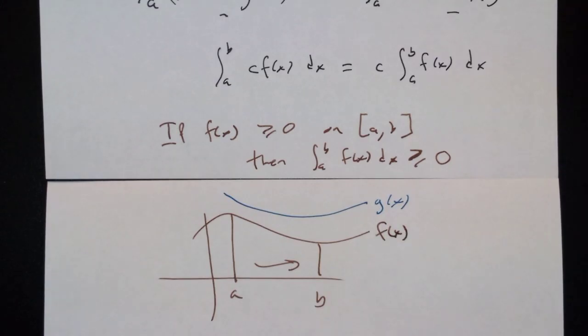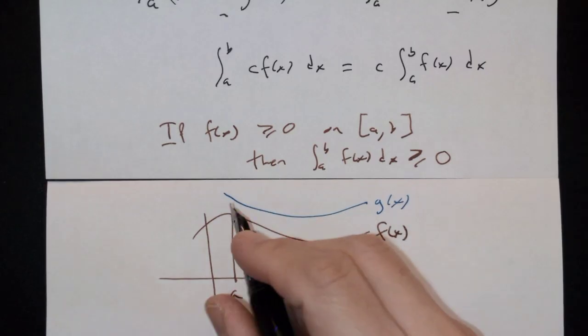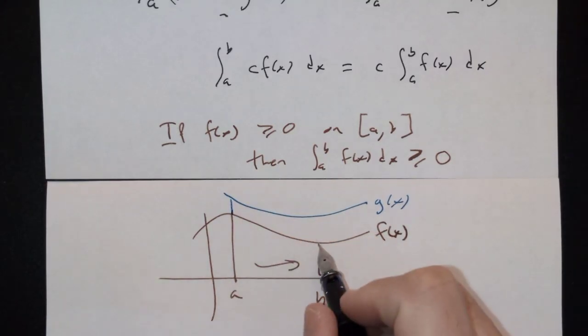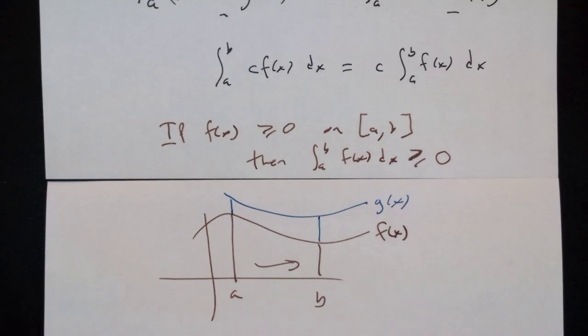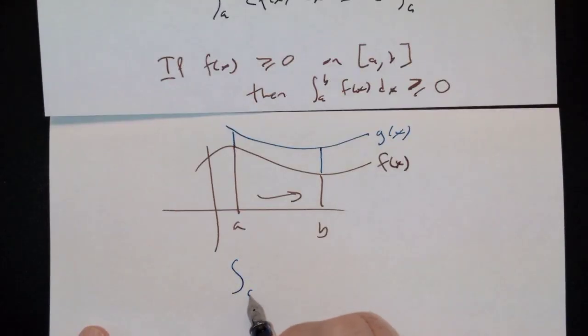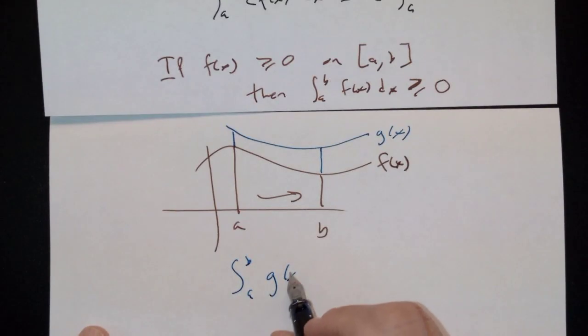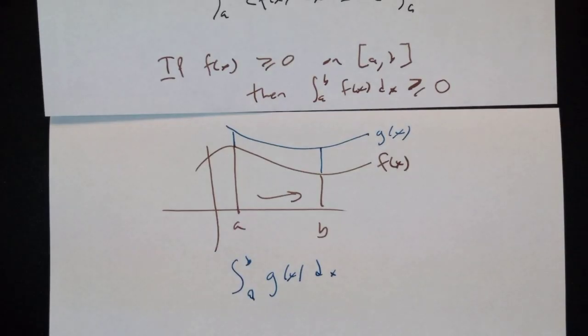If I asked you about the integral from a to b of g of x dx, just based on this picture, what could you tell me with regards to f of x? Oh, wait a second.